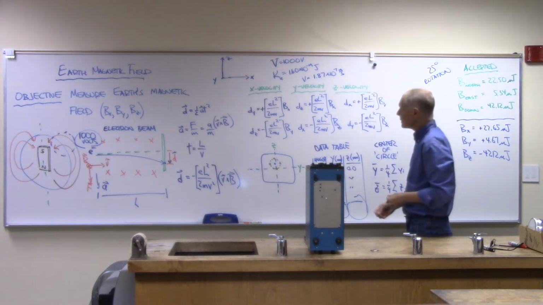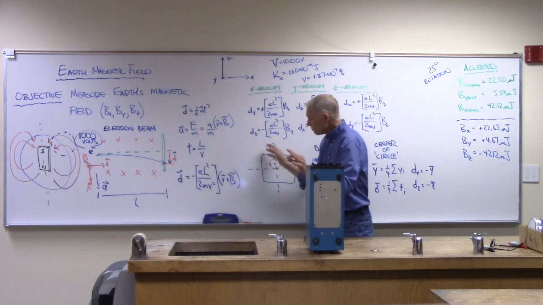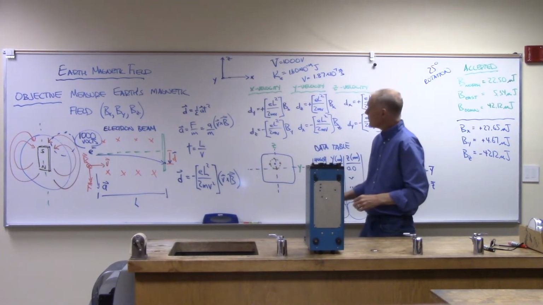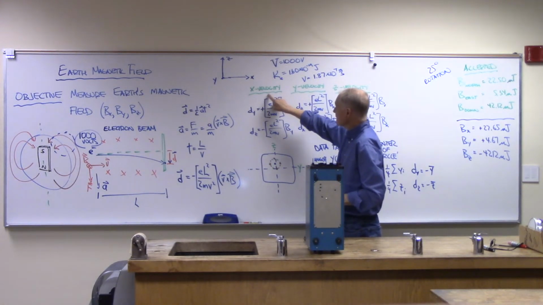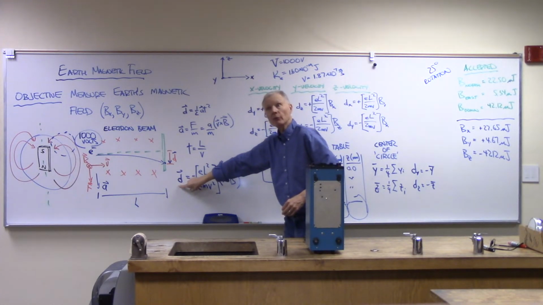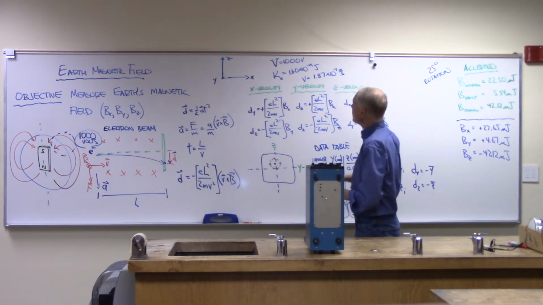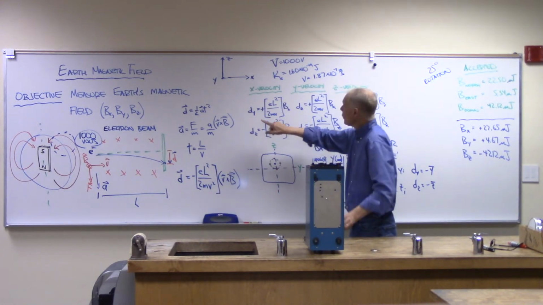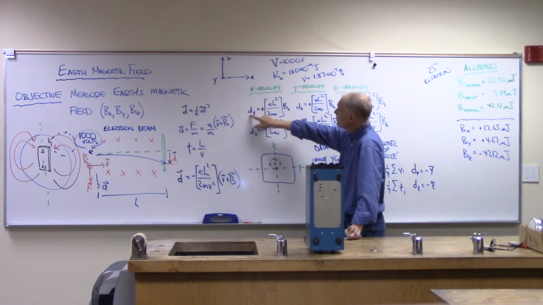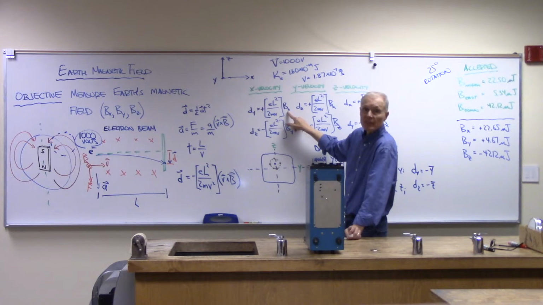And again, what I've done is I've taken this cross product, multiplied it out, and identified when the velocity is in the x direction, which components of deflection I get. It turns out that when I get a deflection in the y, it's an indication that there's a magnetic field in the z.